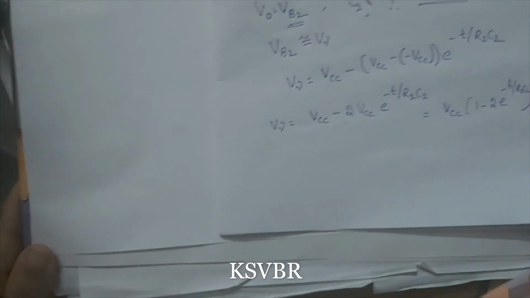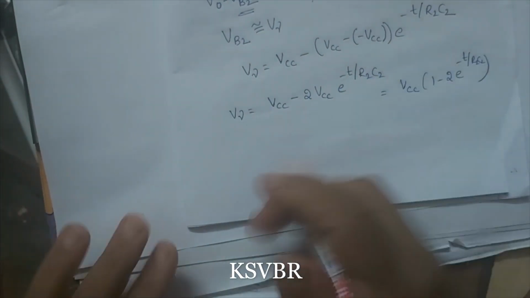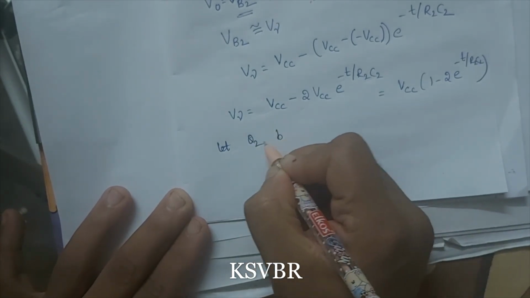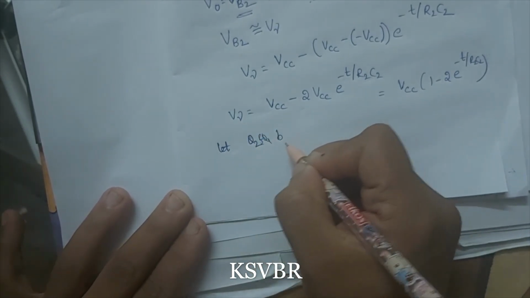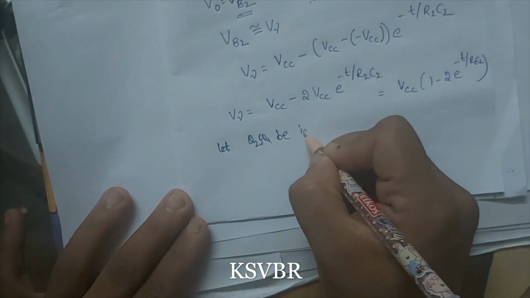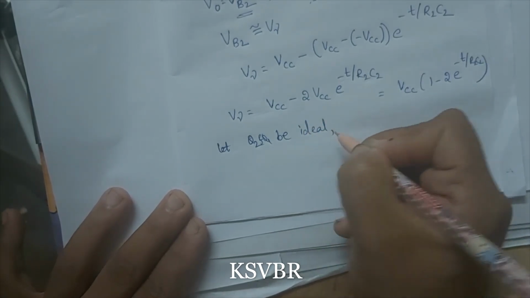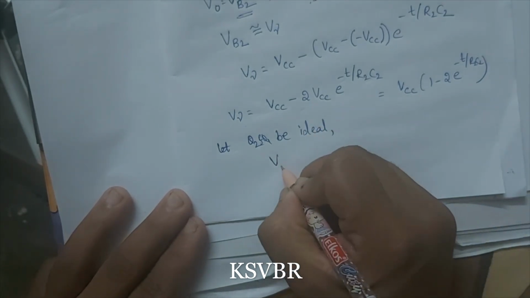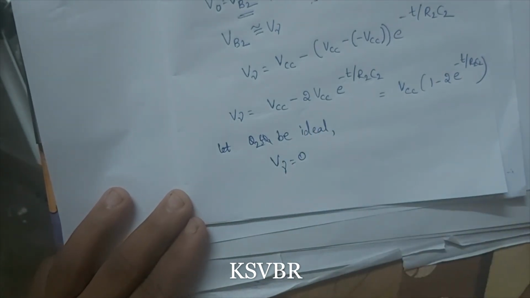Let the transistors be ideal, so let Q2 and Q1 both be ideal. Ideal means they start conducting from 0. Therefore, V gamma is equal to 0.